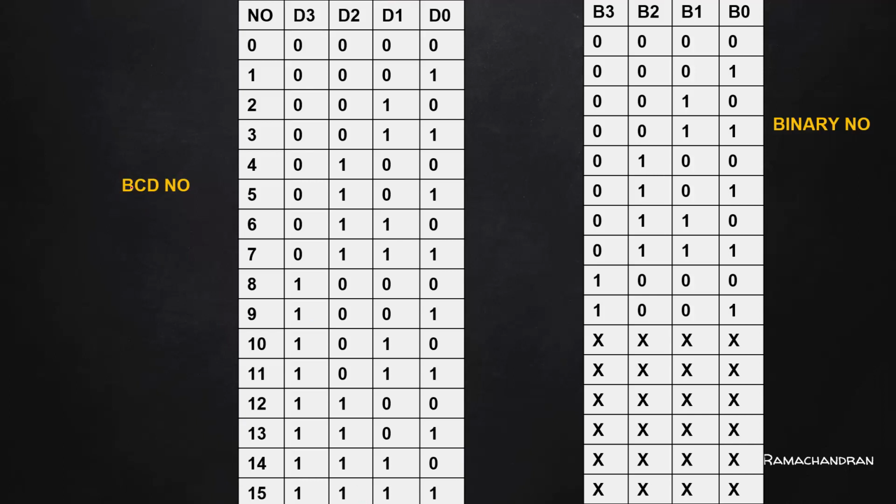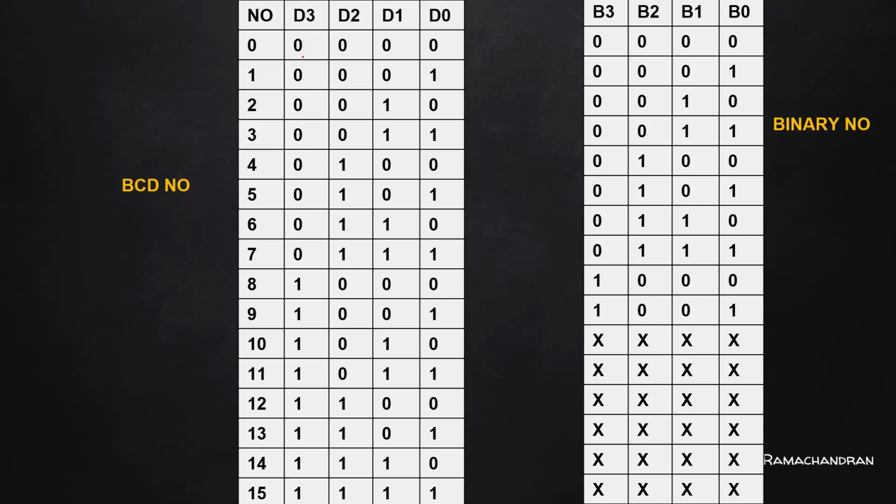Actually this input is a BCD number, right? So it is clear that from 0 to 9, we can directly write its binary equivalent in our output table. The binary equivalent of each number takes a minimum of 4 bits, so in our output table we have 4 position labels: B0, B1, B2 and B3.